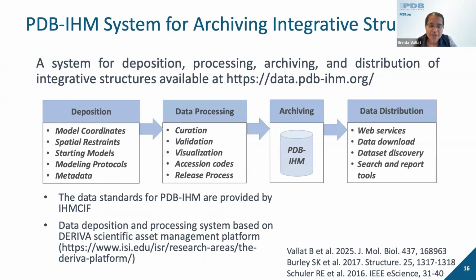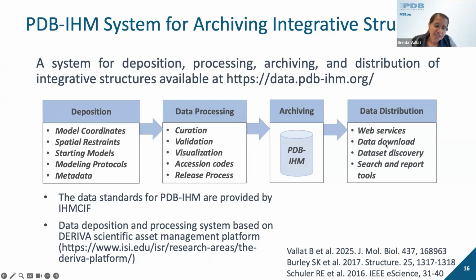So with all these different components, the integrative model itself, the starting models used, the experimental restraints, and the workflow, with all those definitions, we have been able to build a system for archiving integrative structures.